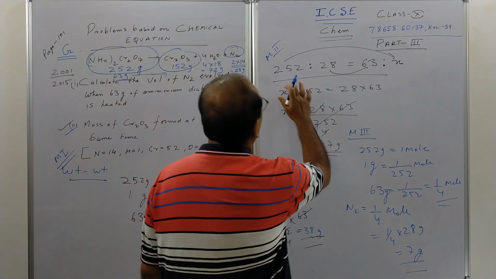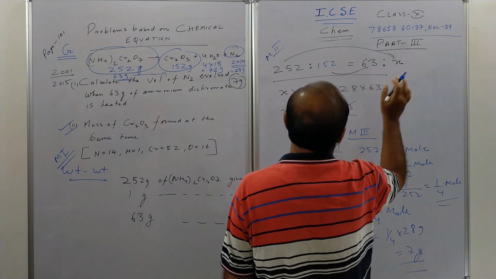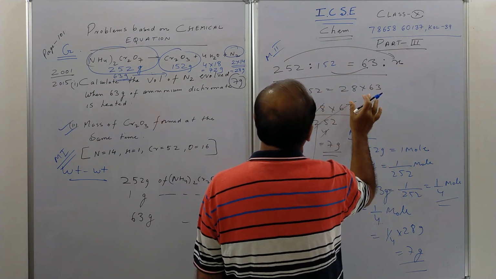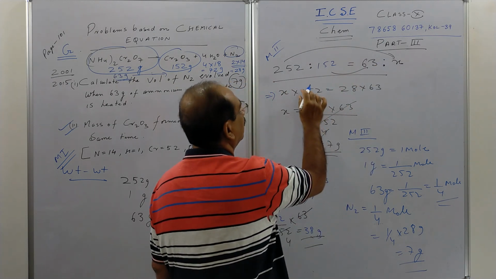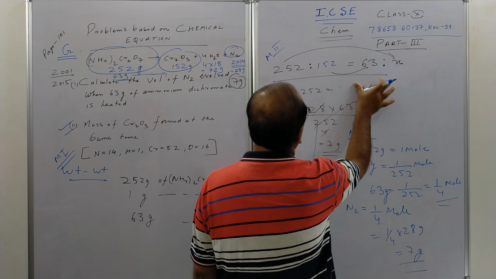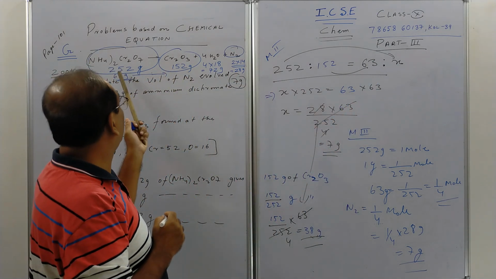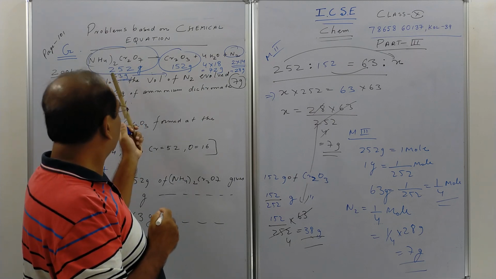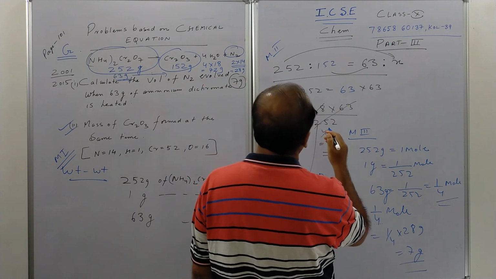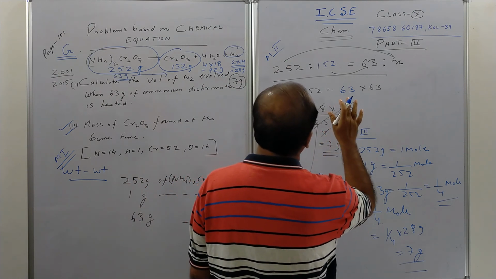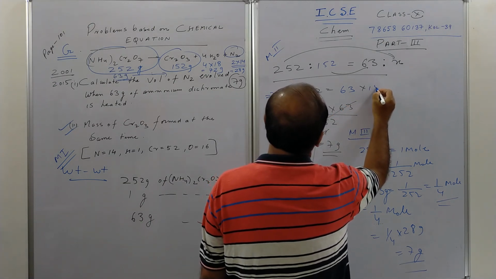Second method, if you do 252 gram gives 152 gram, so 63 will give how much? So simply we multiply first with the last, this side remains and this side becomes 63, because we use 63 gram of ammonium dichromate. So here we have 63 into 152.